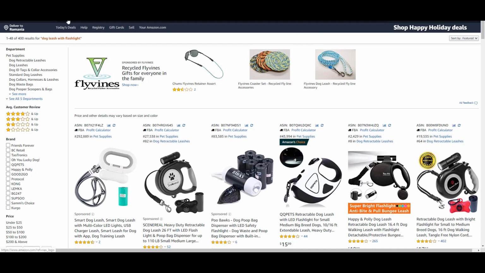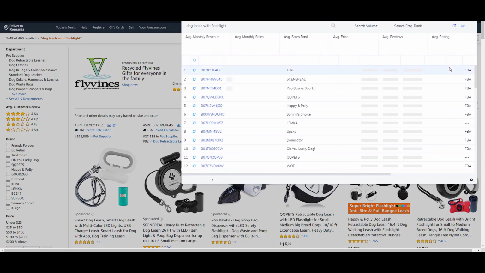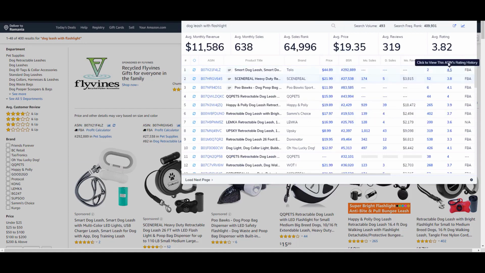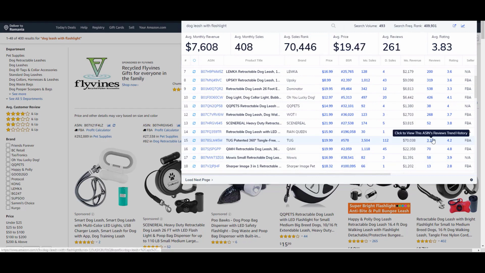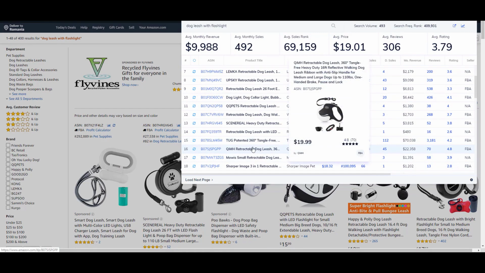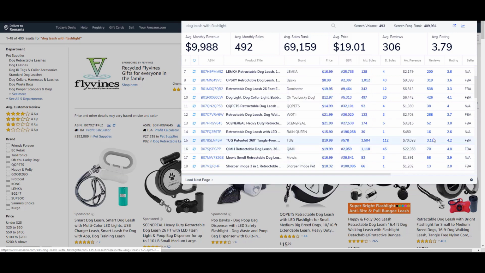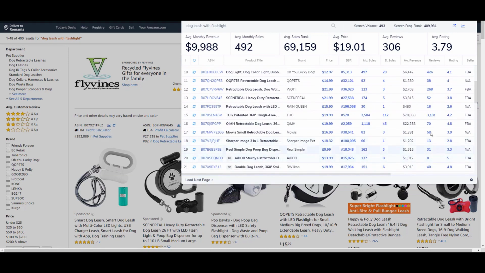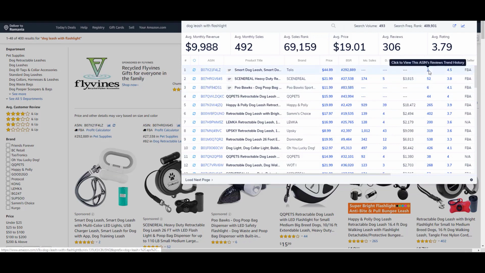So for example, if I switch to dog leash with flashlight, let's see if the story changes. First of all, I see one ASIN with over 1,000 reviews, but actually this one I don't think has a flashlight. Anyway, even ignoring that one ASIN, most ASINs here have considerably fewer reviews. For dog leash, the main keyword, we saw an average of about 1,000 reviews.